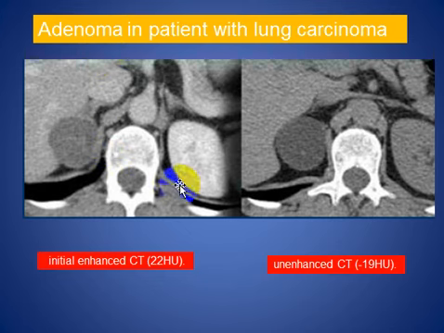Here, this is a patient with lung cancer, and the density of the mass is minus 19 on non-enhanced CT scan. And this is also the density of the mass, about 22 HU on enhanced CT scan. And this is also an adenoma.